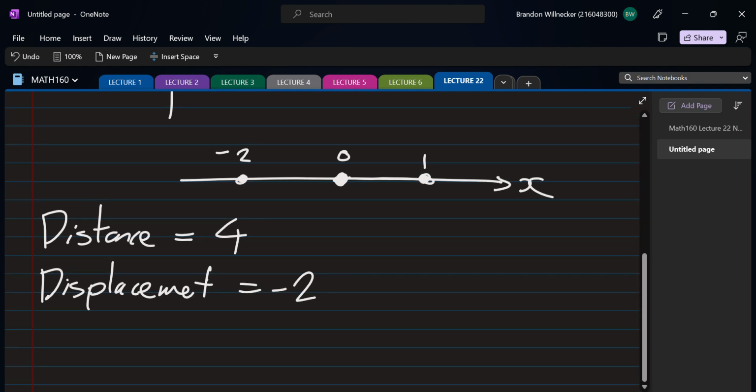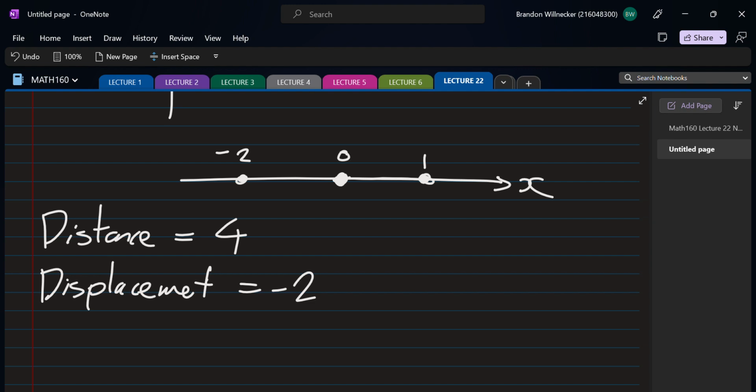Okay, so now that we know the difference between distance and displacement, let's look at the difference between velocity and speed. Very similar idea. Speed is your distance over time. That's going to be positive. If you travel a certain distance, that's positive, because distance is positive, over an amount of time, that's positive.